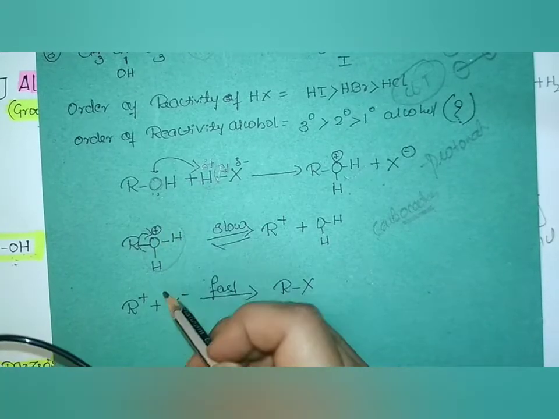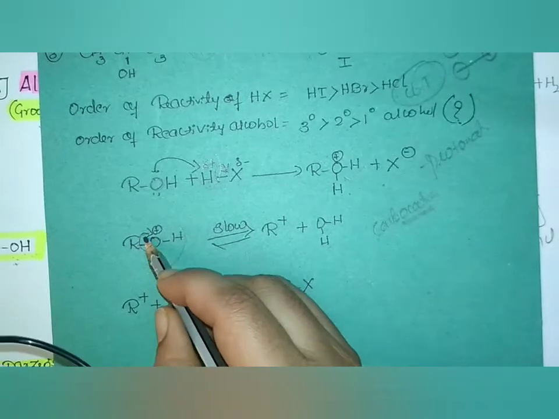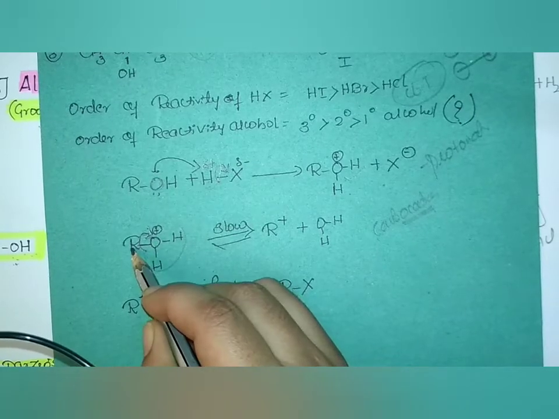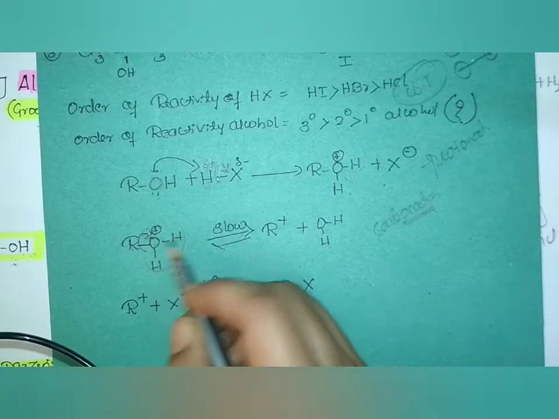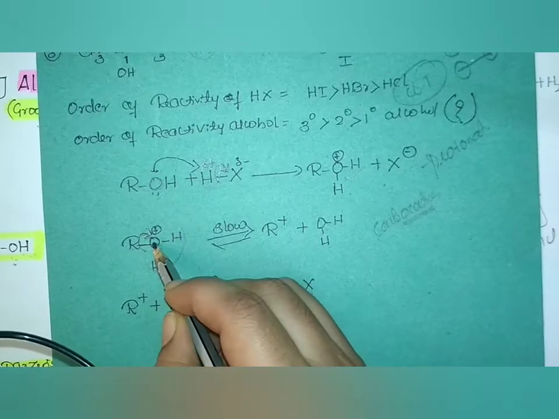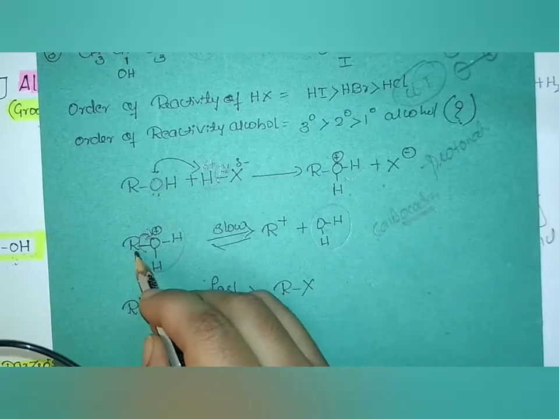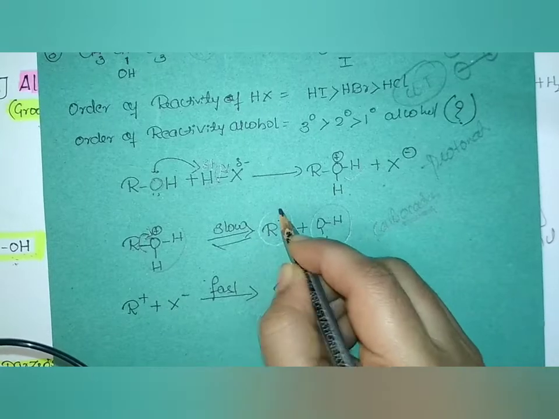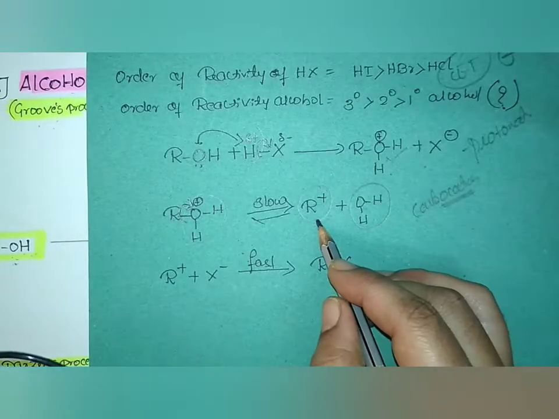To make it stable, the electrons from R are transferred to the oxygen, because R, being electropositive, gives electrons to the oxygen. So H2O comes out as a stable water molecule, and R, by giving out the electrons to the oxygen, becomes R plus, which is nothing but a carbocation.